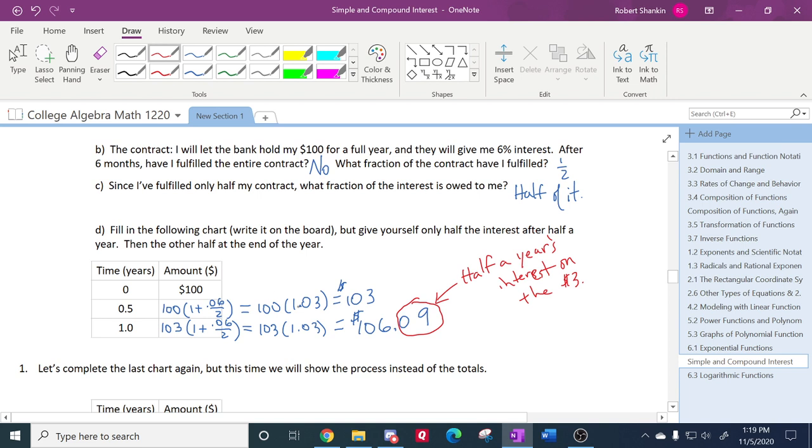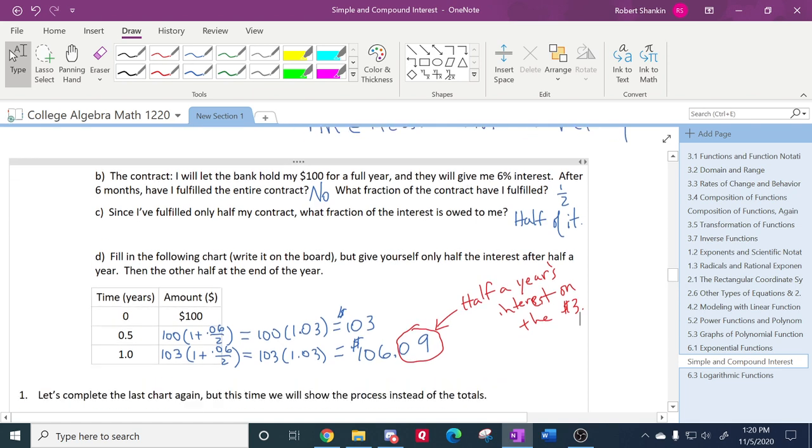At the halfway point, you didn't start with $100, you started with 103. That extra $3 also earned interest, which was a measly little 9 cents, but that's how compounding of interest within a year goes. Compounding more than once a year is going to get interest on some interest, and you'll get these little extra cents. And banks can handle that no problem.